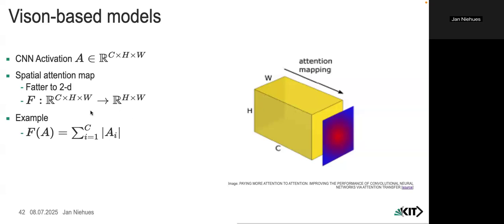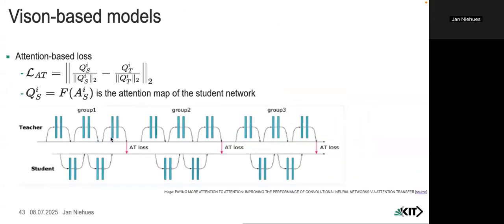This gives you this type of map, which is based on your input size. It is now independent of your hidden size; you have summed over your hidden size, so it only depends on your input size. And you put, of course, the same two images in there. What you can do is, at different steps, if your teacher has 3 times 3 hidden layers and the student has 2 times 3, then always between them you compare your attention map vectors.